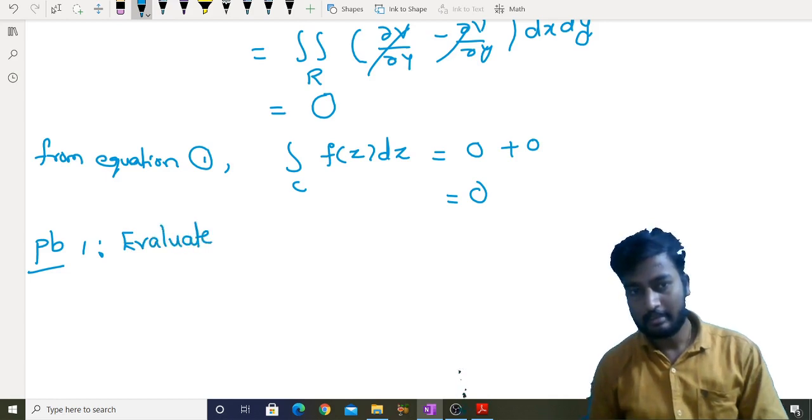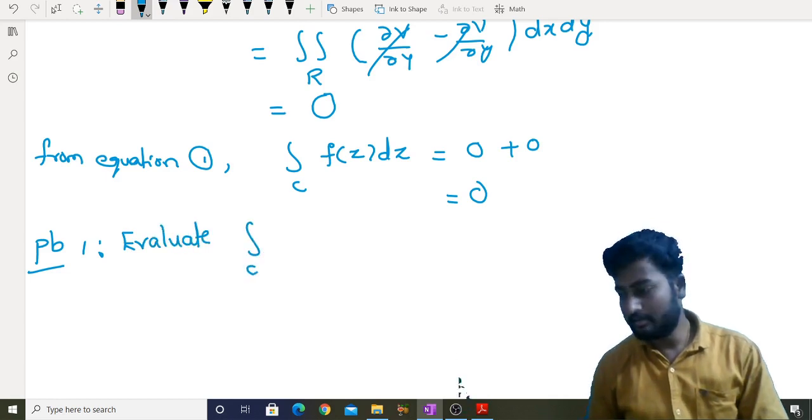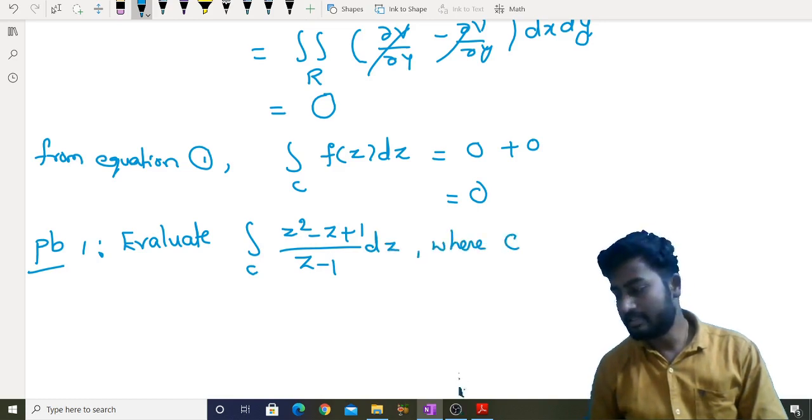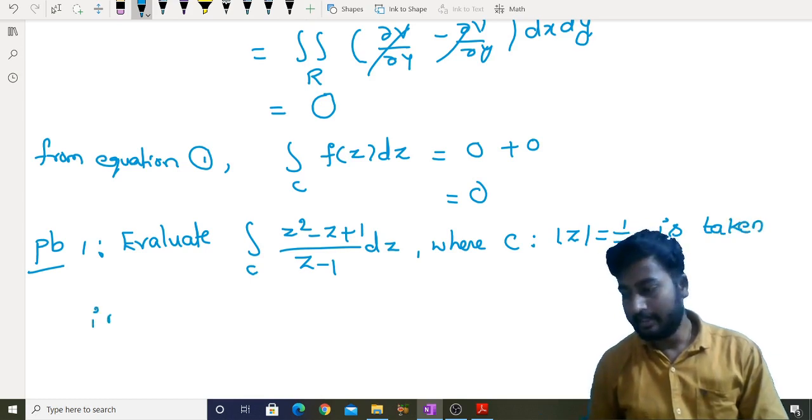Evaluate the integral of (z square minus z plus 1) by (z minus 1) dz, where C is mod z equal to 1 by 2, taken in an anti-clockwise sense.